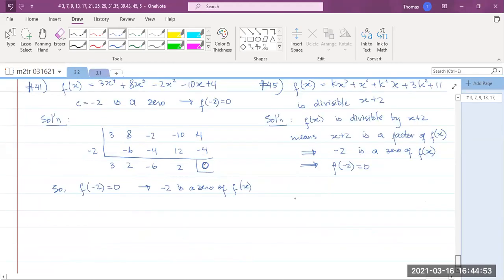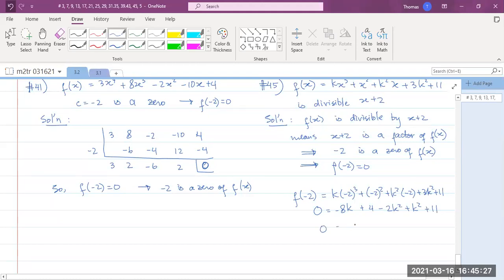So that implies f of negative 2 equals k times negative 2 cubed plus negative 2 squared plus k squared times negative 2 plus 3k squared plus 11, and that equals 0. Let's simplify.